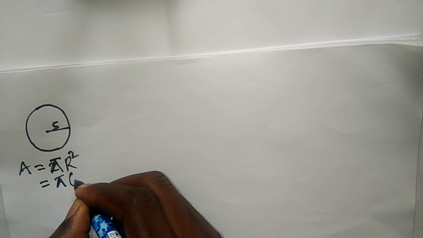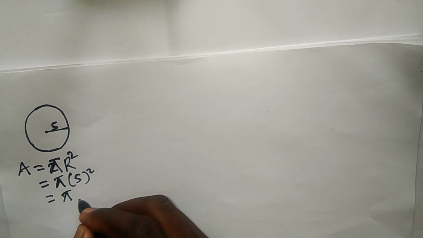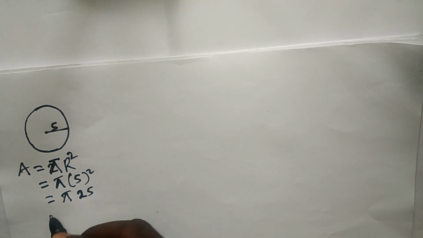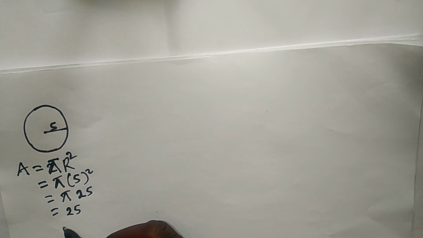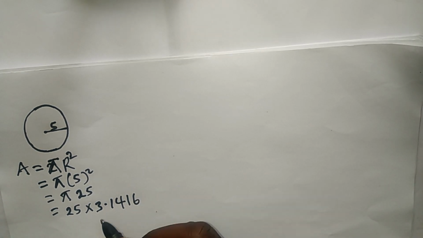Therefore, calculating for area here, we say pi, r here is going to be 5 squared, so pi times 25. So we say 25 multiplied by 3.1416.